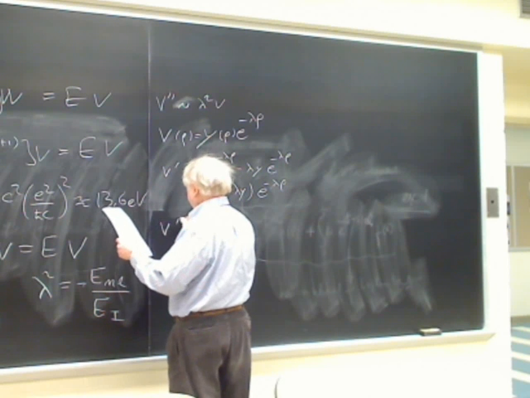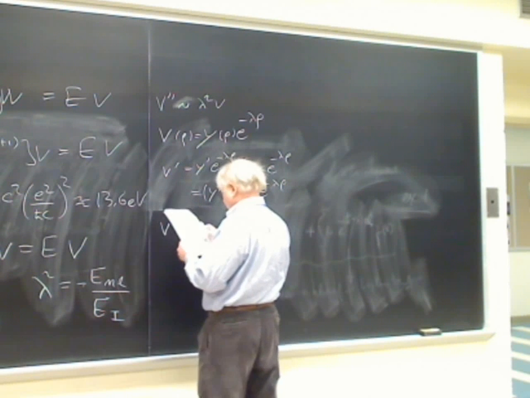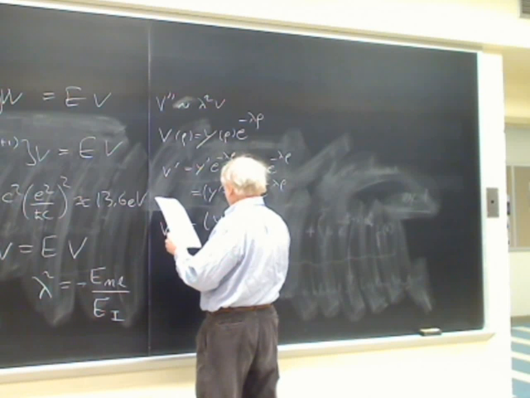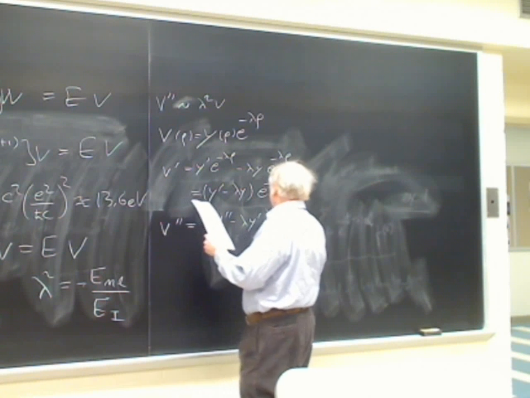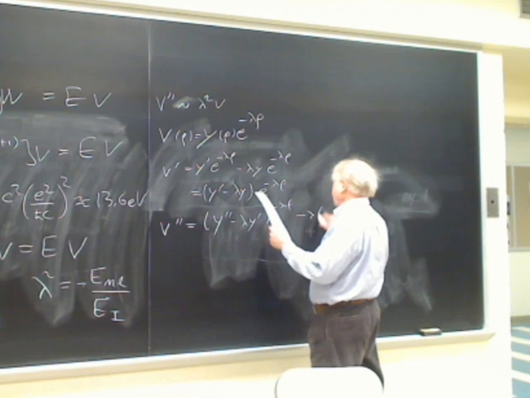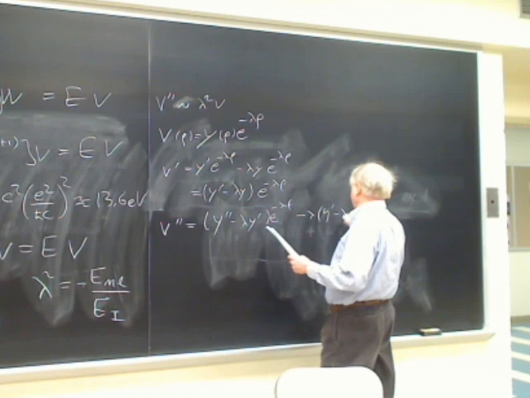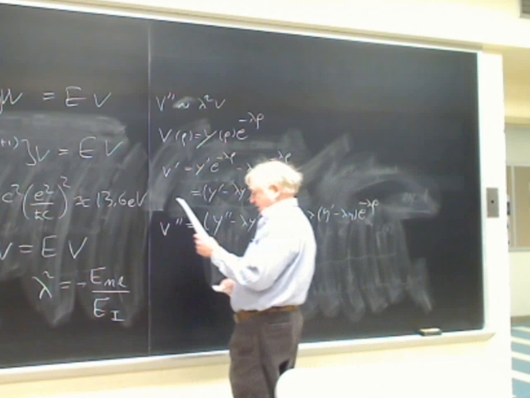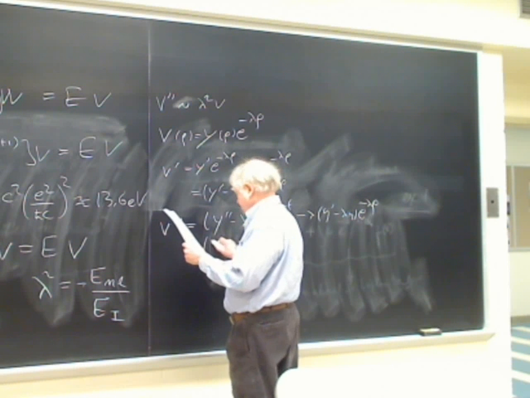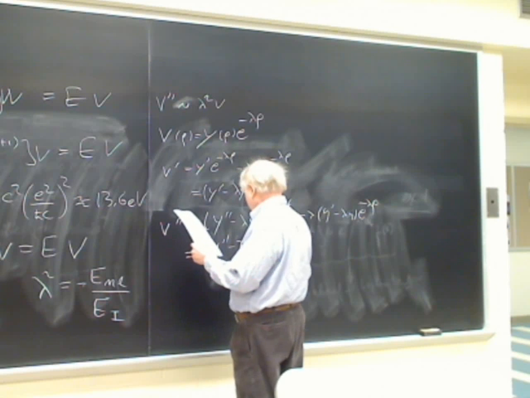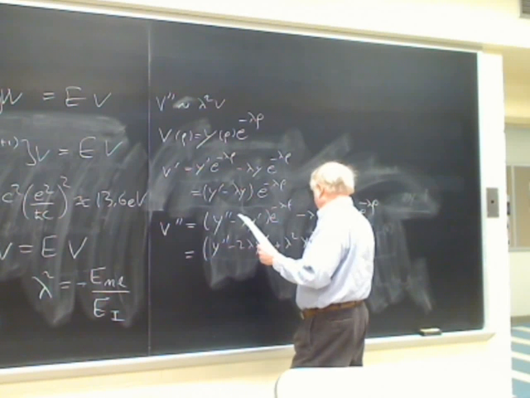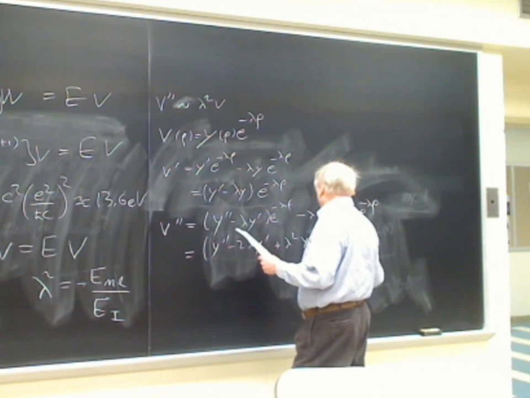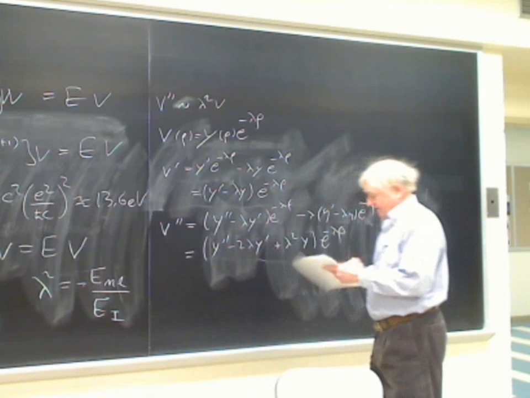Then you get that V double prime is y double prime minus lambda y prime, e to the minus lambda rho, minus lambda times y prime minus lambda y, e to the minus lambda rho, and this is all together y double prime minus 2 lambda y prime plus lambda squared y, times e to the minus lambda rho. Okay. So that's what that is.